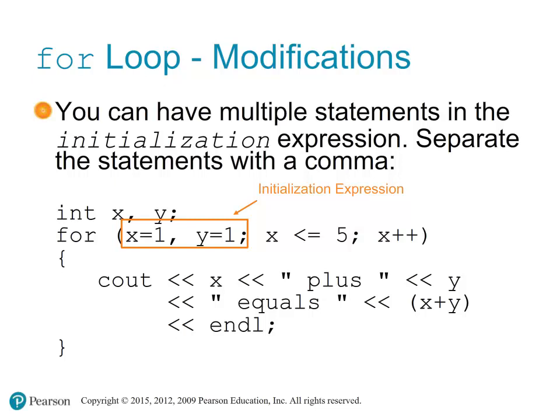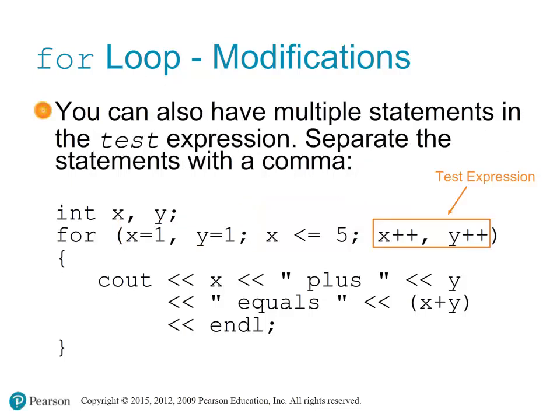It continues as long as x is less than or equal to 5. The loop contains a cout statement that prints the sum of x and y. The output will display the sum of x and y for each iteration. Note that y remains constant at 1 throughout the loop.